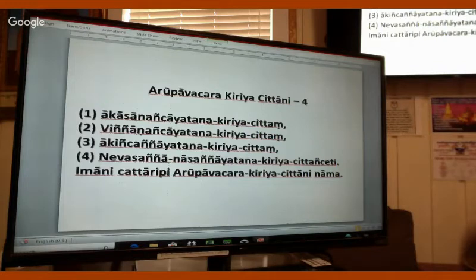We call it in Pali abhinya, supernatural knowledge. Just for this. There's no need for vipassana. But if you want to create something with the power of your mind, you need this one.